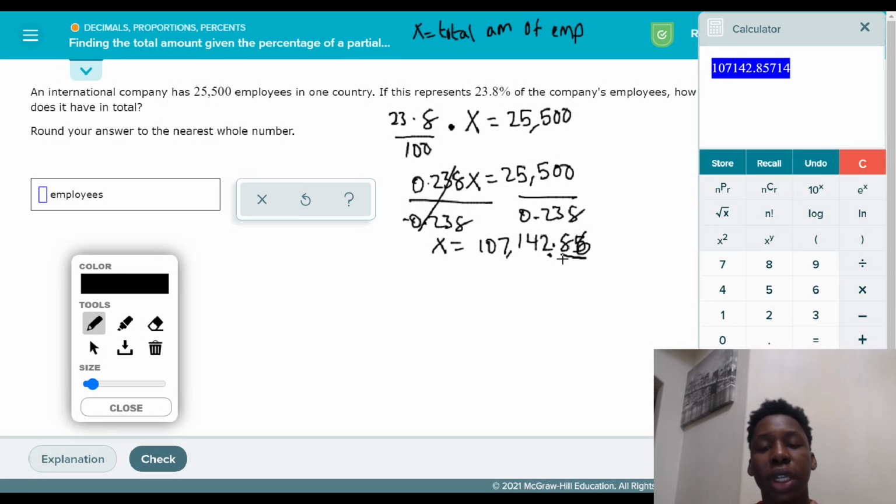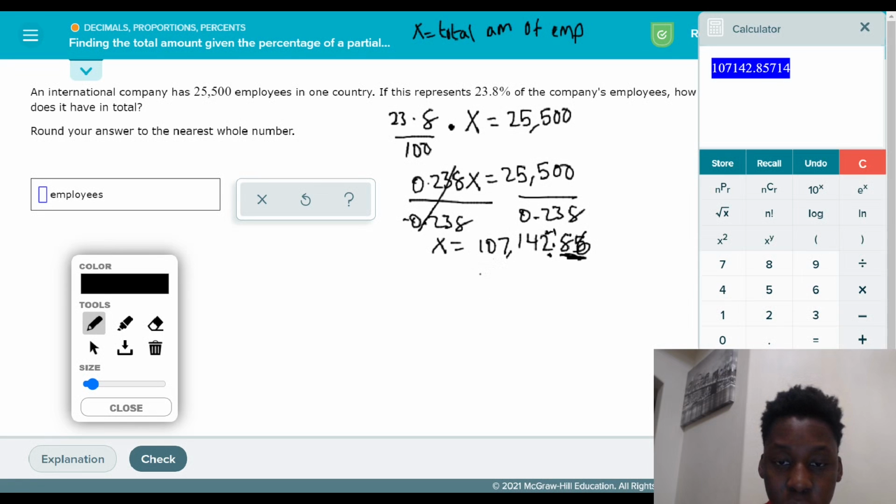For all the numbers that are greater than 5, we add 1 to the next available number. So let's say this is 8, for instance. 8 is greater than 5, and so based on that, we can add 1 to the number before it, and then set these two numbers here as 0.